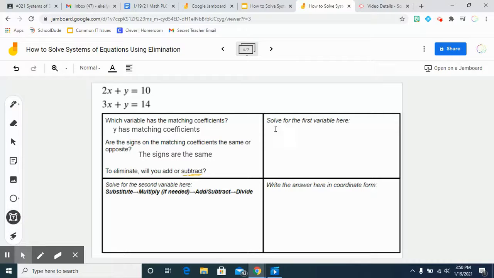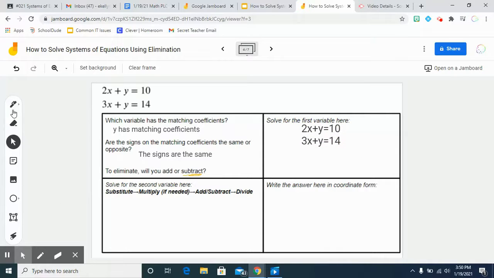So next I'm going to come over here onto my right panel, and I'm just going to do the same thing as always. So I'm just going to retype my equations. And I'm going to solve for them. So if we solve, we said that we are subtracting in our first segment.